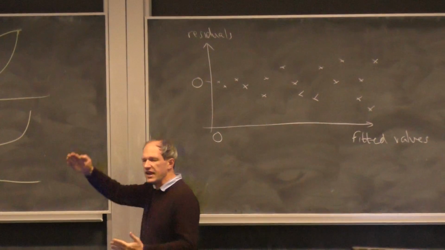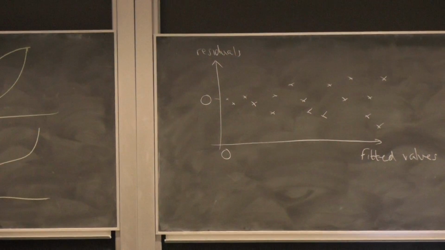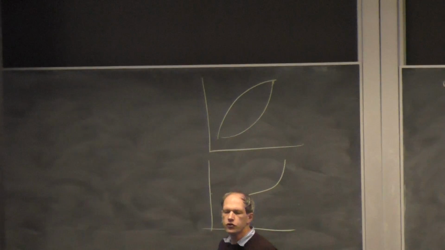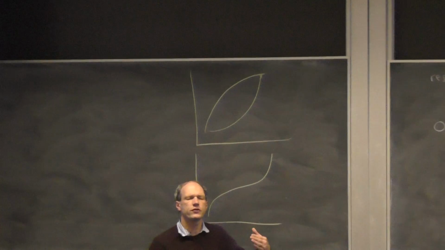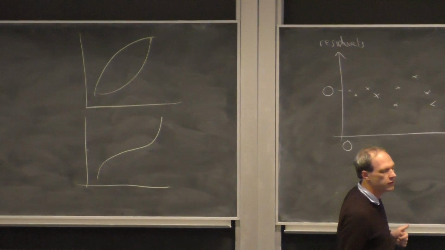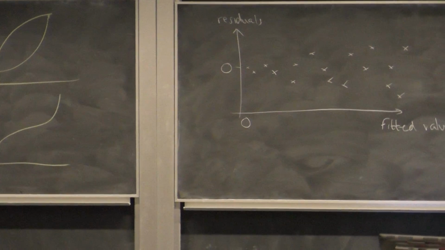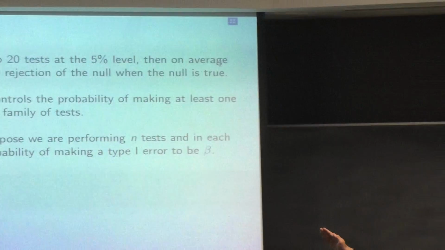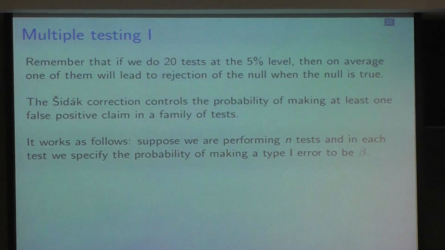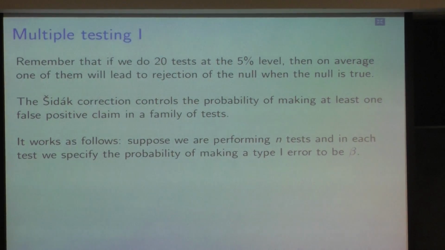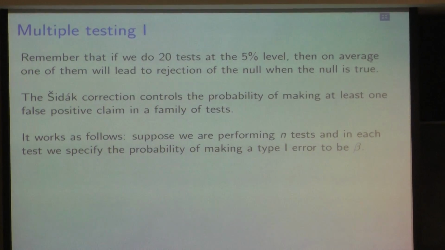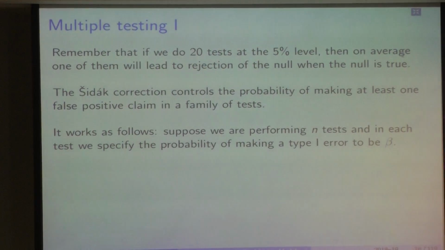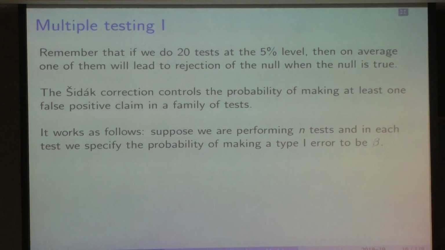Okay? If you do lots of tests at the 5% significance level, then the chances are you're going to get a false positive eventually. So the more tests you do, you should lower your significance level to control the probability of getting a false positive. Okay? So let's say that we have n tests, and in each of those tests we're going to set the significance level, so the probability of type 1 error, so rejecting a null hypothesis which is true.